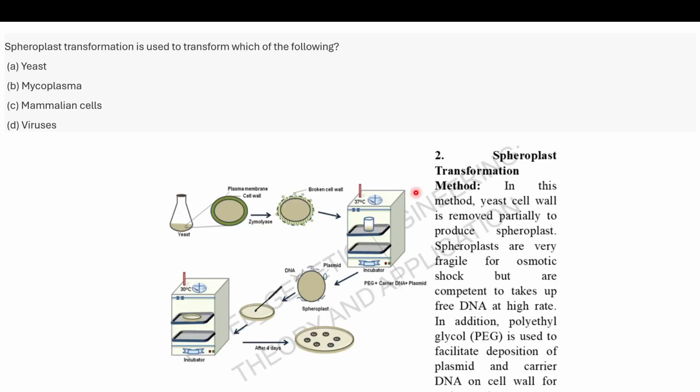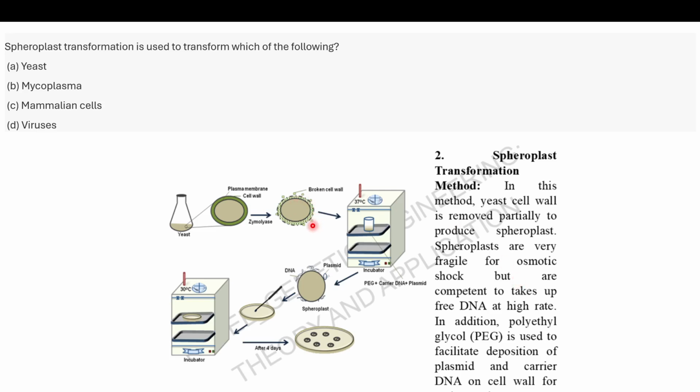Very briefly, you have your yeast culture cells, and yeast have cell walls. That has to be removed partially, which produces spheroplasts, and this partial digestion is caused by the zymolyase enzyme. Spheroplasts are fragile to osmotic shock, but they are competent enough because of the broken cell walls.